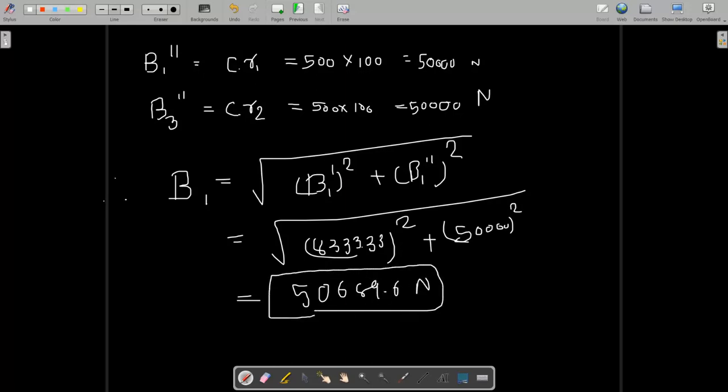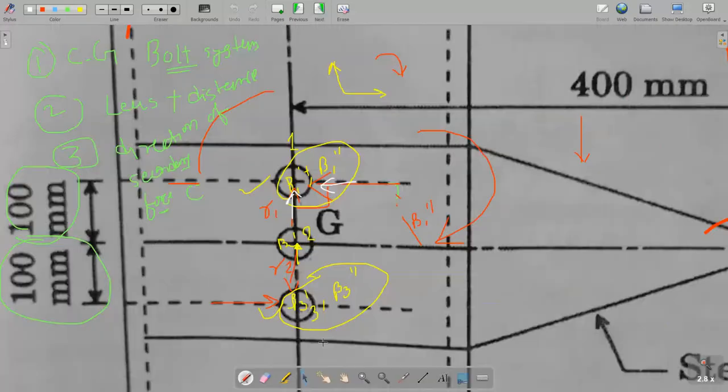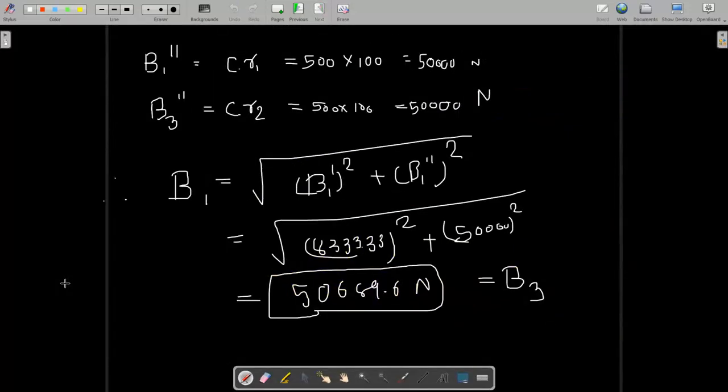So this is the net force acting on bolt 1, and due to geometric similarity, this will be the same as B3. If the distances were different, like 75 mm and 100 mm, your answer could be different. B1 is not equal to B3.